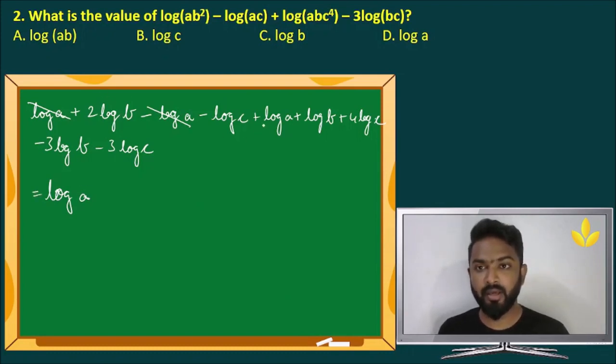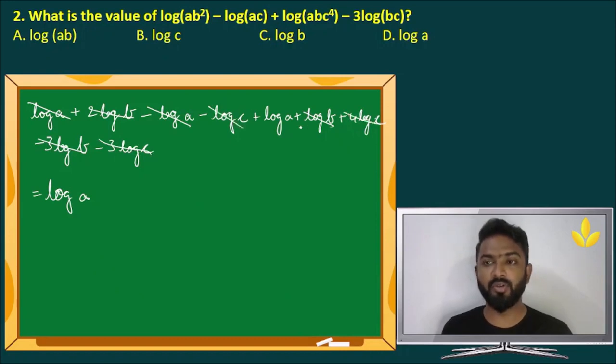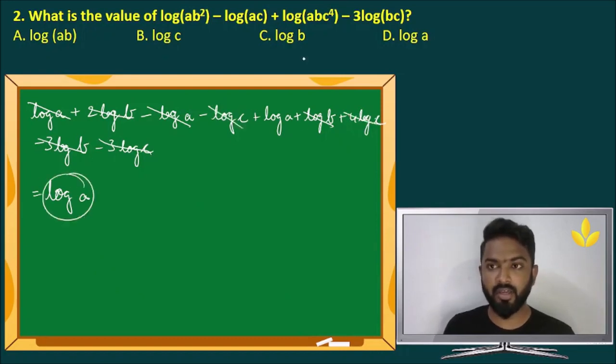We have 2b and then plus b, so we have 3b, and then minus 3b, so gone. Over here we have minus log c plus 4 log c, that is 3 log c. 3 log c minus 3 log c, this again is gone. So the only thing left out is log of a. Answer is D.